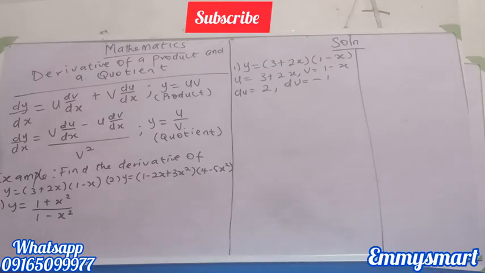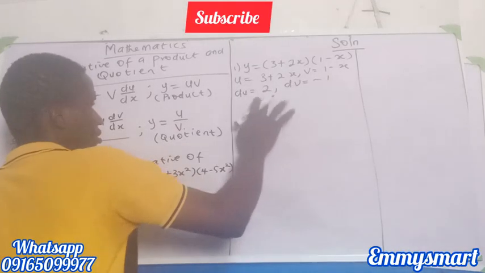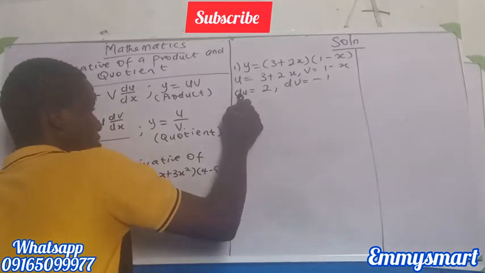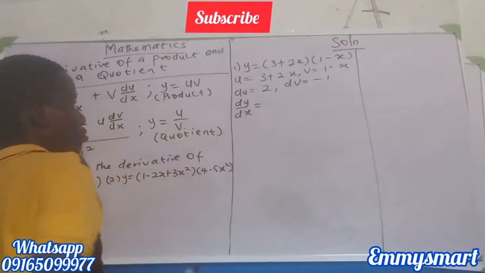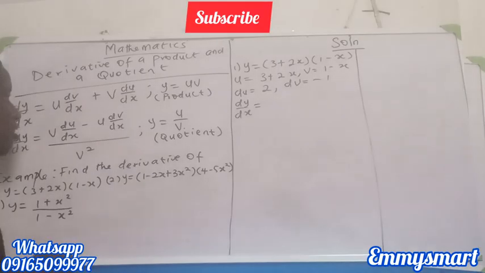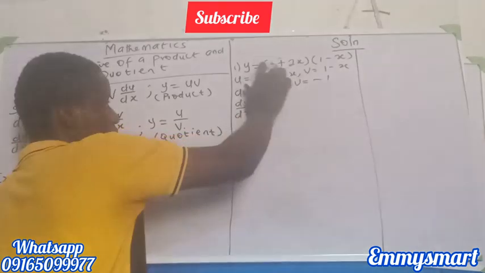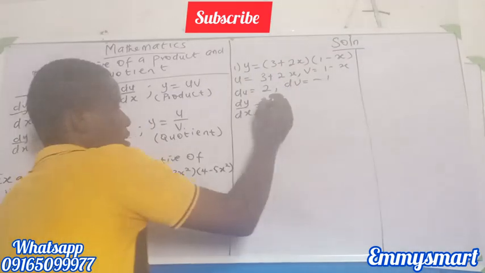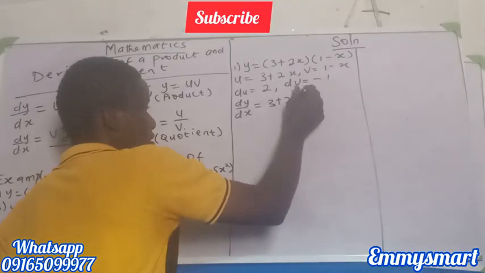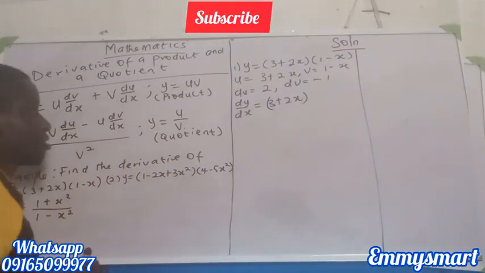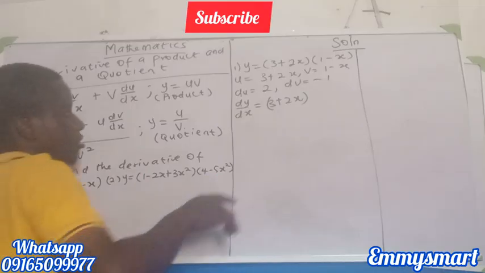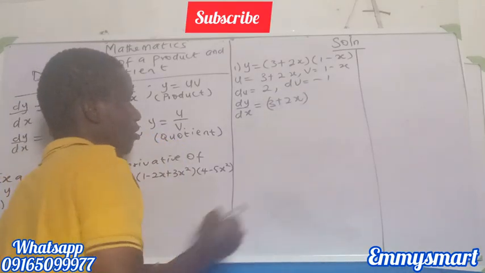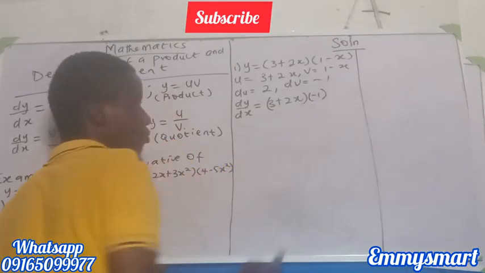So what do I do now? dy/dx will be equal to, remember, you say take the first one. That means I'll take the first one without differentiating it. That's 3 plus 2x. Then differentiate the second one, right? When I differentiate the second one, I get minus 1.